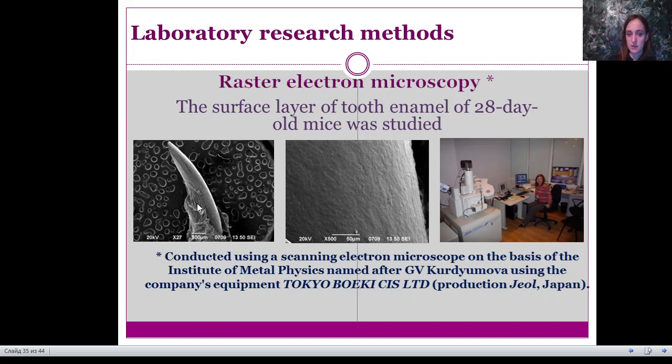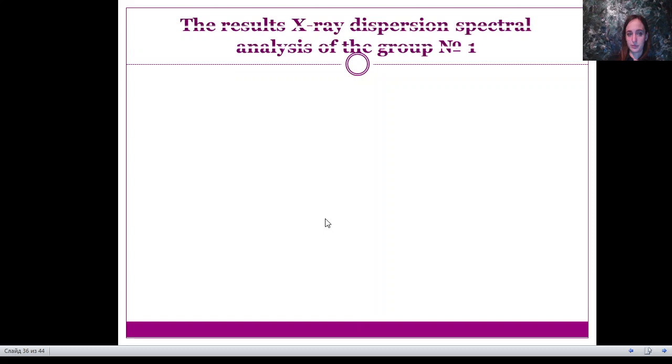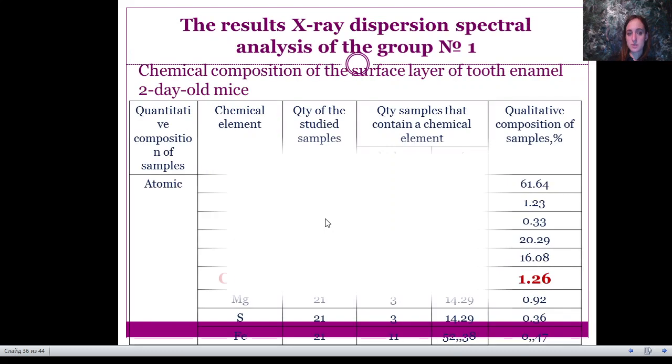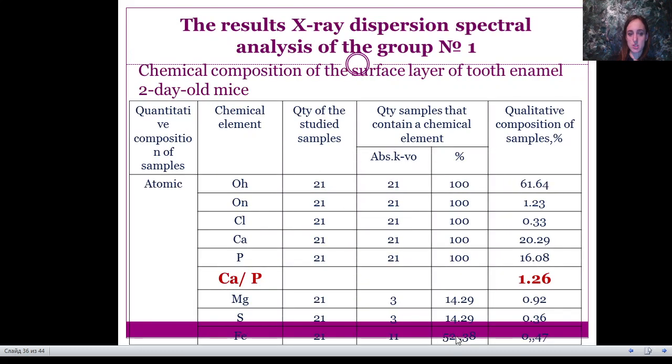The surface layer of the tooth enamel of 28-day-old mouse. And the results, so you can see such tables. It's chemical composition of the surface layers of the tooth enamel of 2-day-old mouse. And here are chemical elements and quantitative composition of the samples.